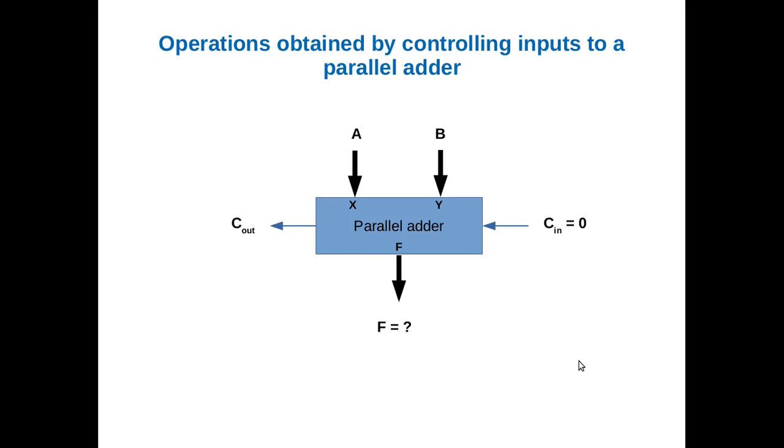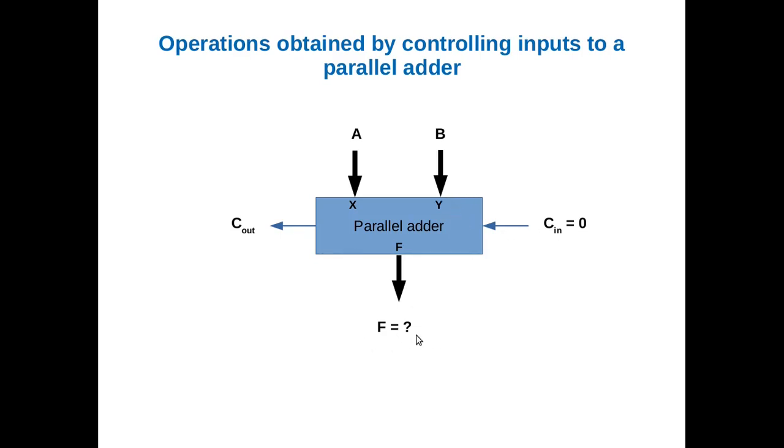So assume that this is our parallel adder, with X input, Y input, and F as our output. Cin is the carry in and Cout is the carry out from the most significant bit position. Cin is actually the carry into the least significant full adder. In this case, A is given as X input and B is given as Y input, and Cin is equal to 0.